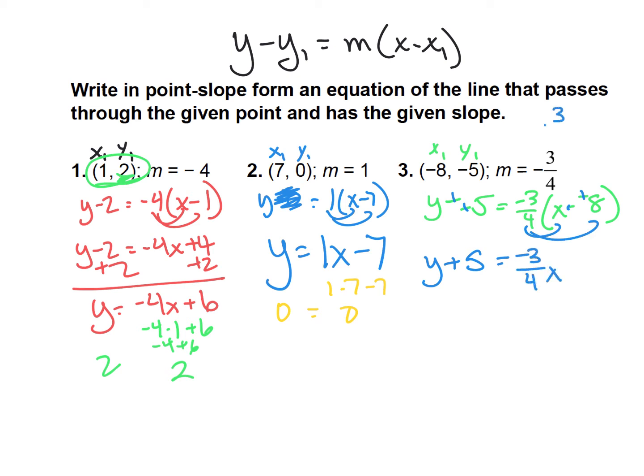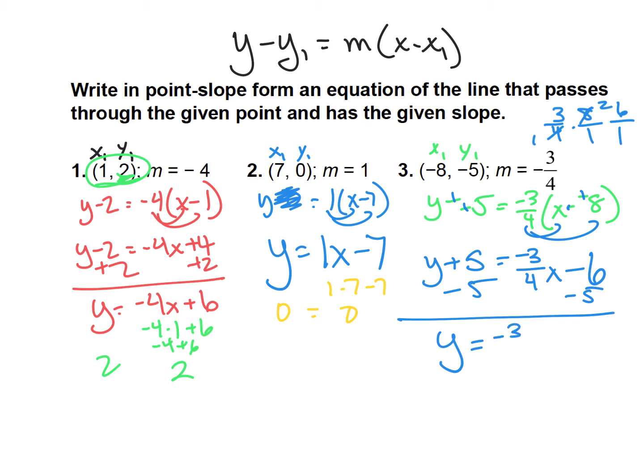And again, 3/4 times 8 over 1. Chances are your fraction will disappear, and that gives me 6. But it's a negative, so a negative 3/4, so it's going to be minus 6. I subtract 5 on both sides. Y equals negative 3/4 x minus 11.